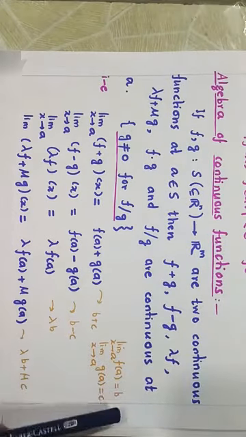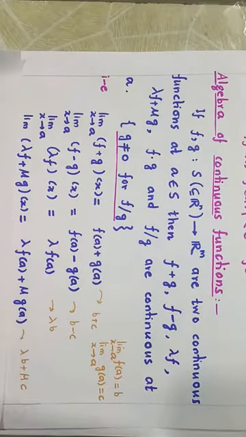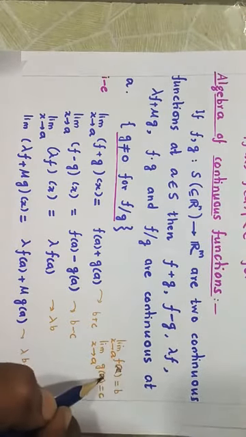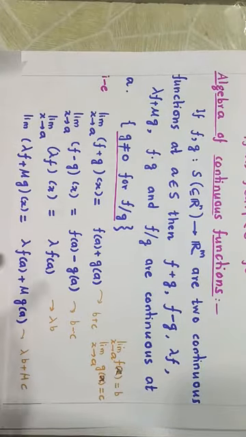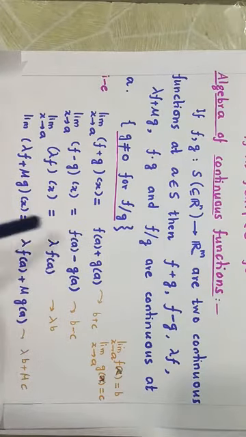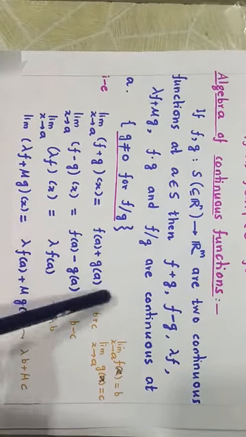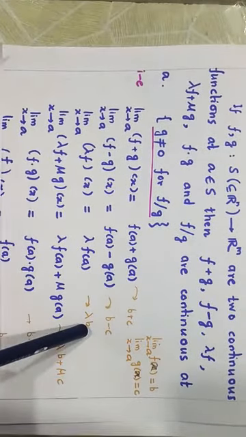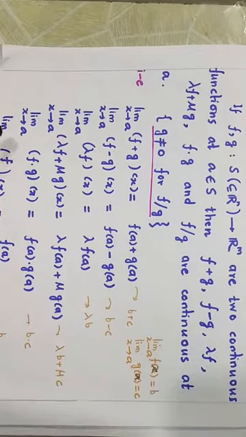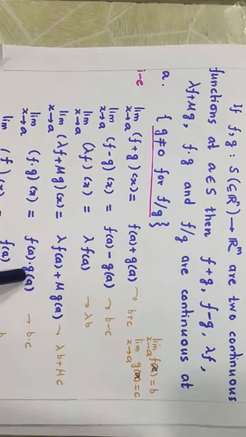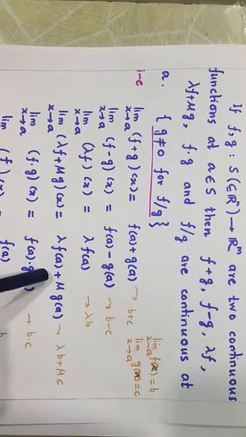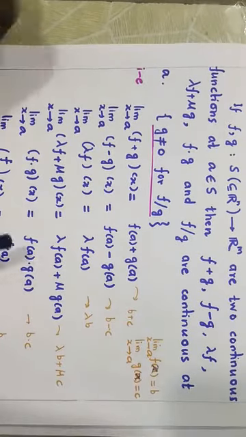So we can just replace f of a and g of a by b and c respectively, and the same proofs can be considered. So limit of a product is the product of limits, that will give us that f into g is also continuous and f upon g is also continuous.